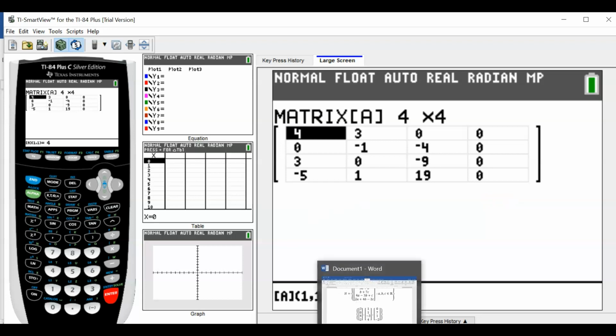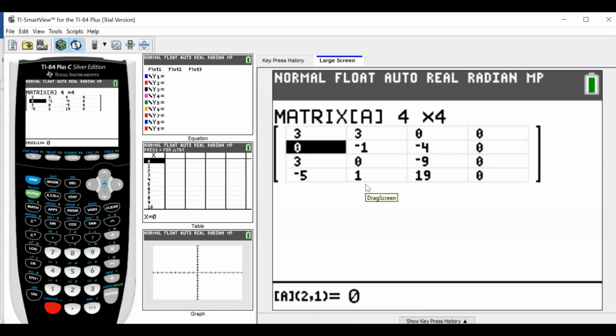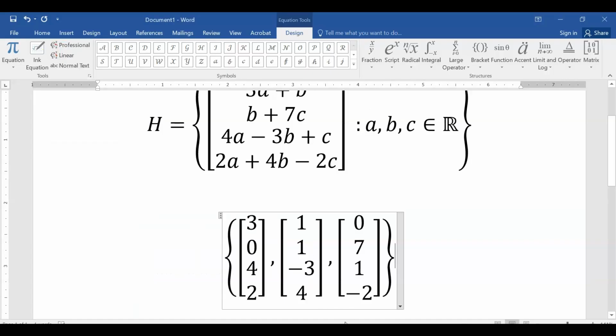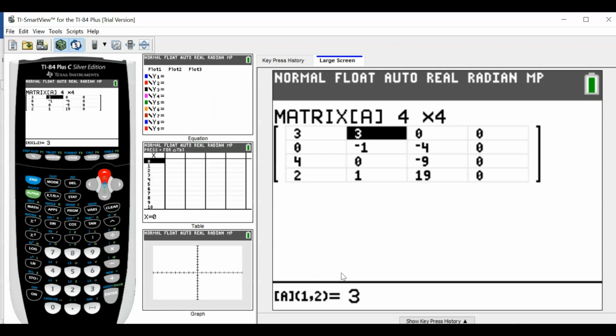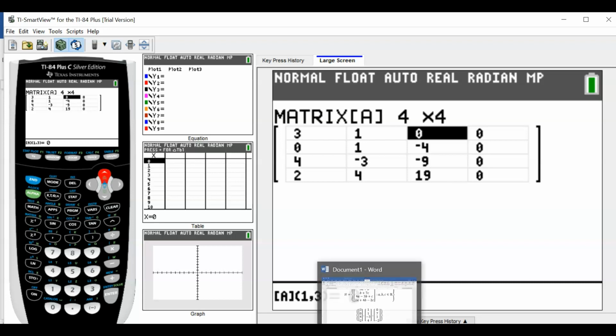You take 3, 0, 4, 2 as your first vector, 1, 1, -3, 4 as my second, and then as my last vector, it was 0, 7, 1, -2.